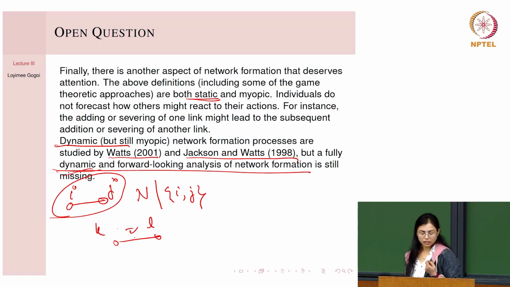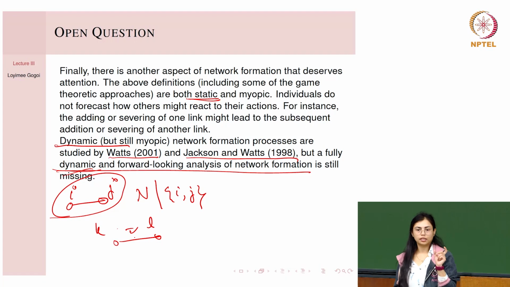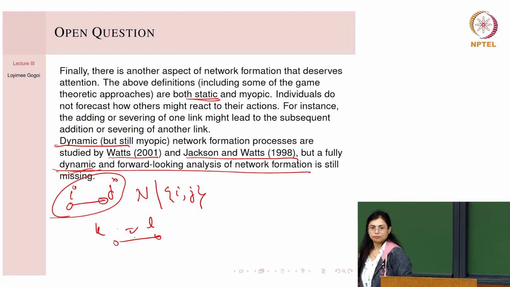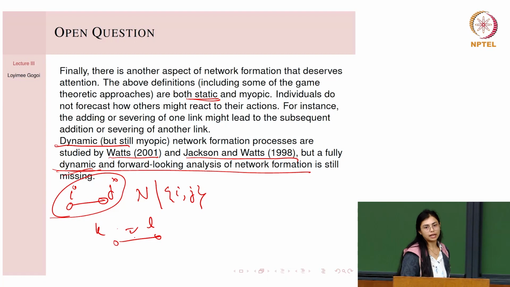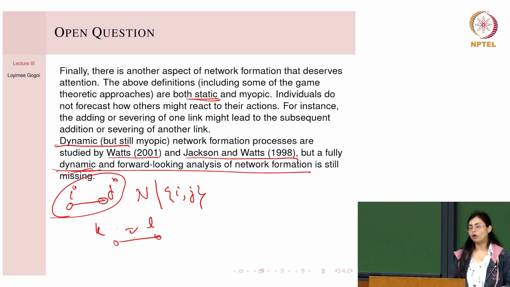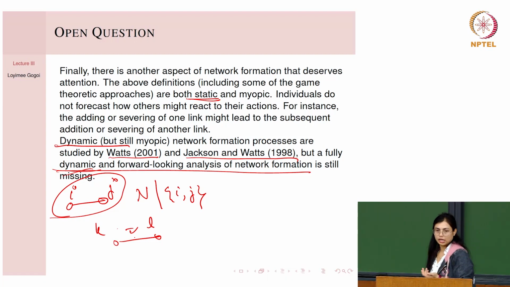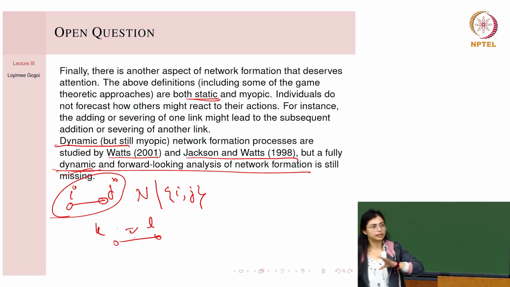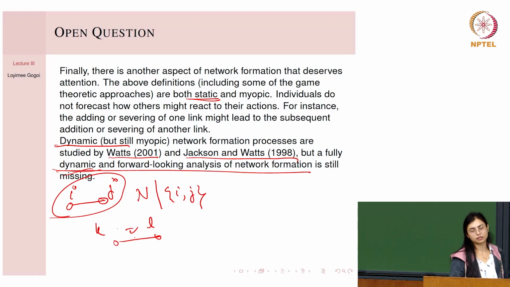Network formation can be considered as the formation of a sequence of links, so it should happen over time. It is a dynamic approach: over time the network structure will change, and we can discuss how all the players in the network get affected.